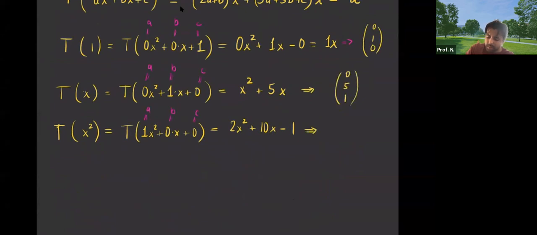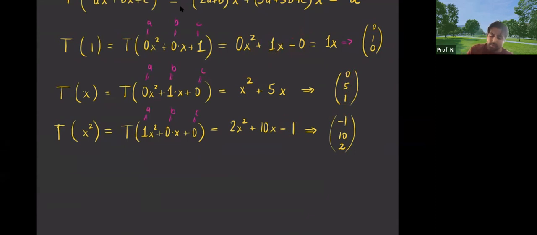What would this vector look like? Negative 1, 10, 2. So the coefficient of x squared is like my third element, the coefficient of x is like my second element, and the coefficient of the constant term is like my first element in my vector.